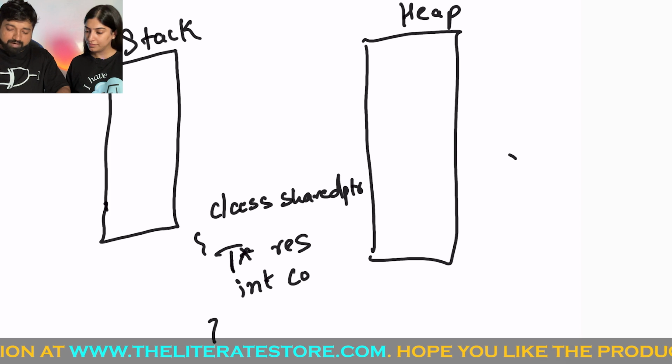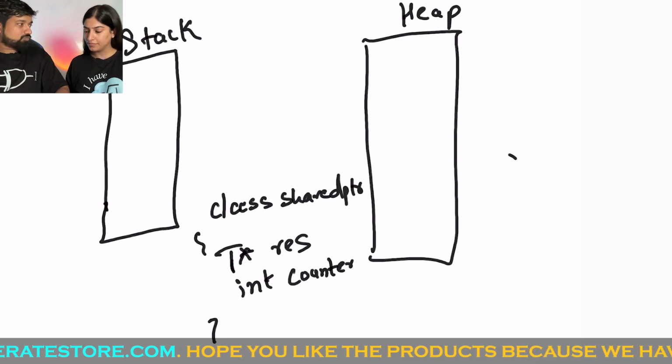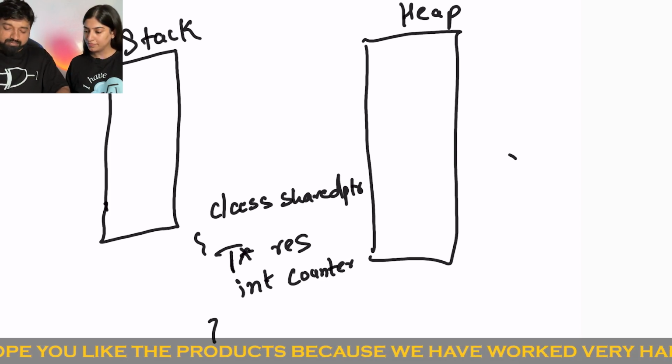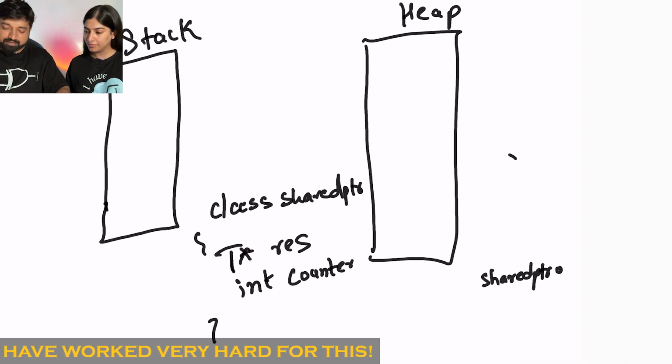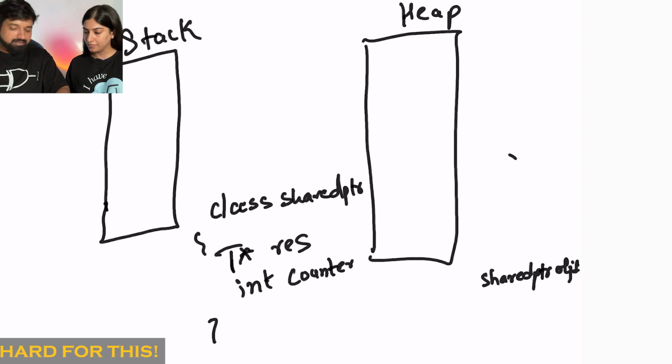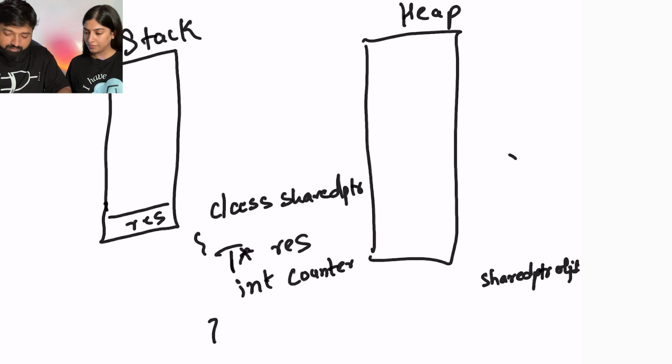So suppose we keep a counter here to count it. Anytime a new shared_ptr object is created, say object 1, these two will be created new, right? So this resource and this counter will be created on the stack.